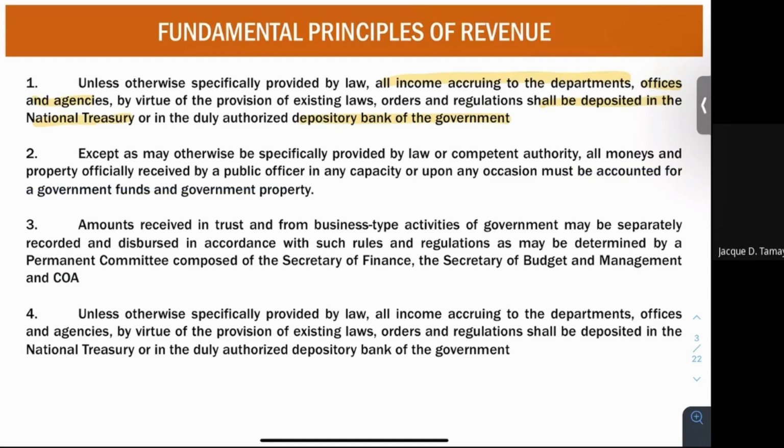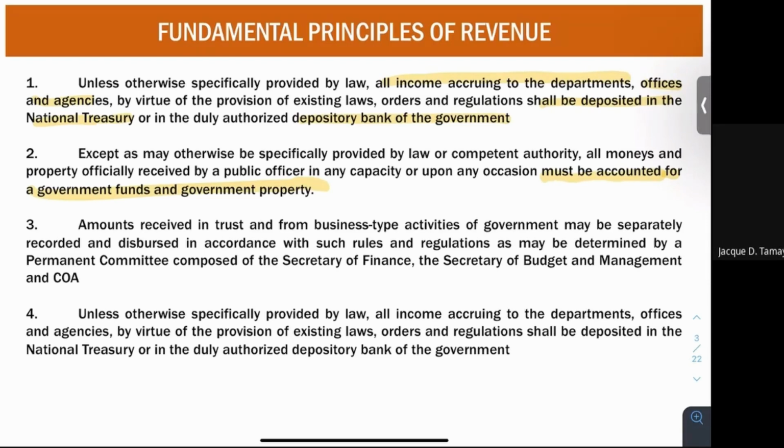This tells us that all receipts must be properly accounted for. Why? Because if you are entrusted with the responsibility over public funds and you misuse them, you might be criminally liable. So take note of that.